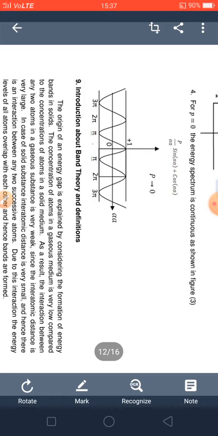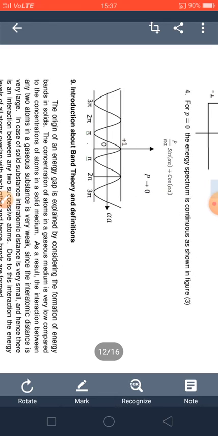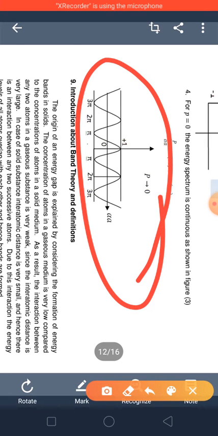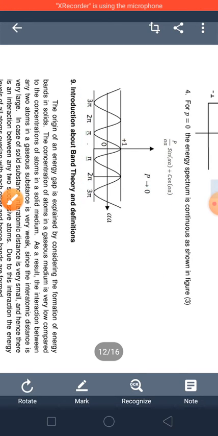On the other hand, if P tends to 0, then the spectrum is a continuous spectrum. So this is all about the Kronig-Penney model, which is a very important topic from the exam point of view. Okay, thank you.